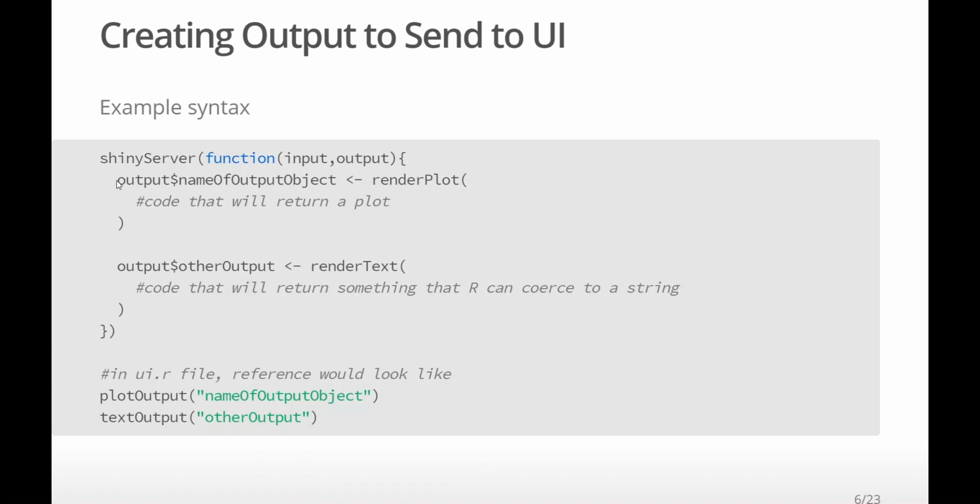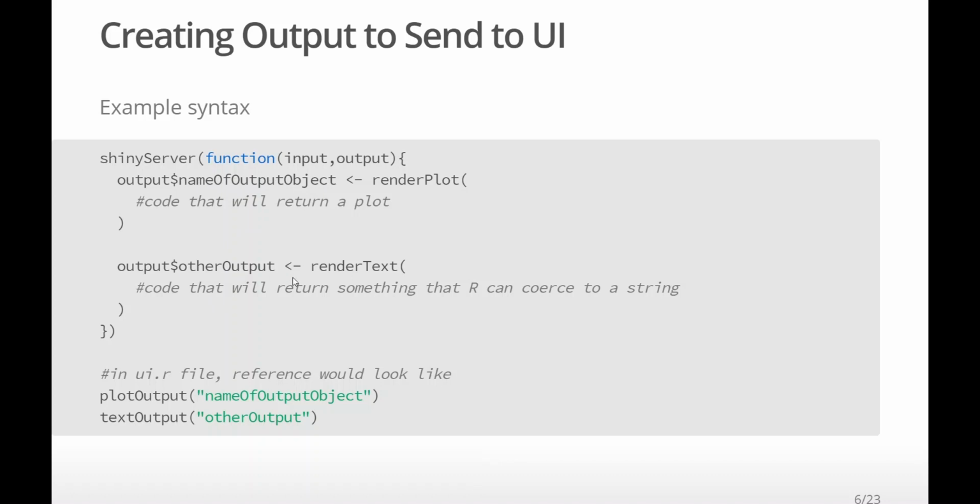And so the important thing to notice here is how we are actually specifying our name of this object. So we're doing output $. So we're kind of taking this output object here that we're creating, and we're adding a list element in some sense. Not exactly, but a good way to think about it. And so this is the name that we're creating for this plot. And so this is how we reference this in our UI file.